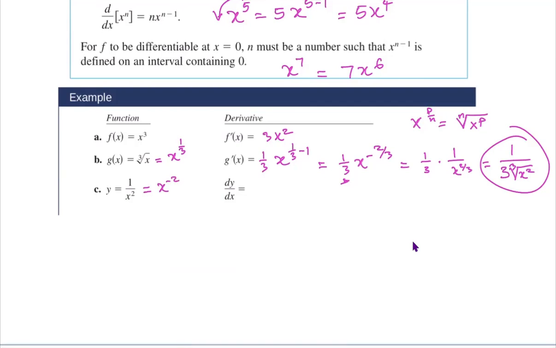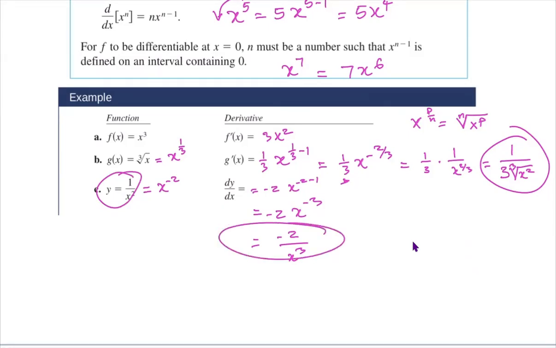Well, if we apply the power rule, that's going to be negative 2x to the power negative 2 minus 1. So that equals negative 2x to the power negative 3, or negative 2 over x to the third. So y equals 1 over x to the second, the derivative is negative 2 over x to the third power.